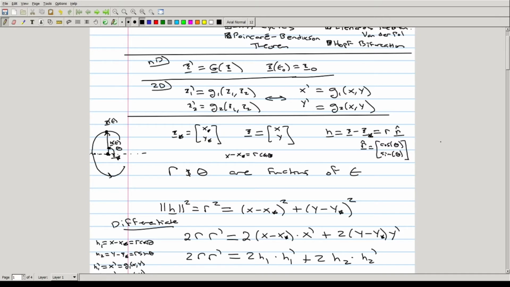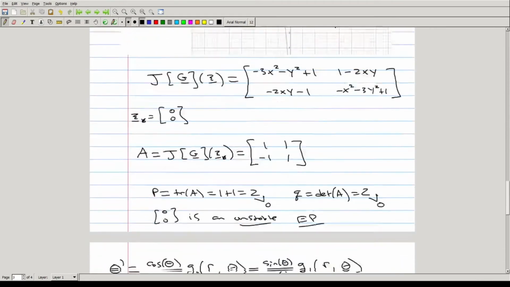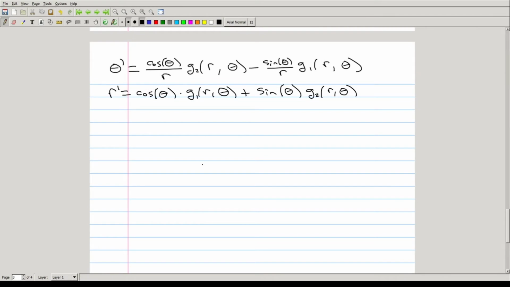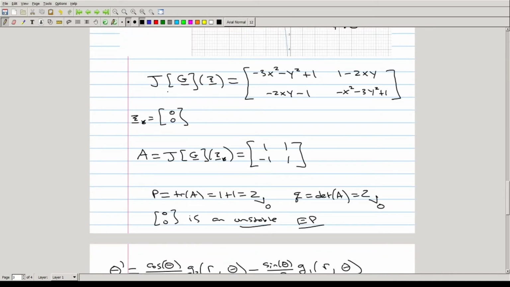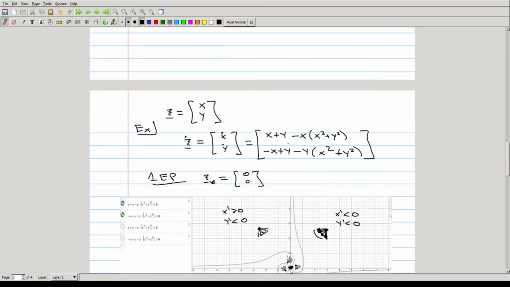This is a very important point to make. In this problem, it doesn't really matter because x star, y star is 0, but for problems where x star or y star is non-zero, you have to do that correct substitution.